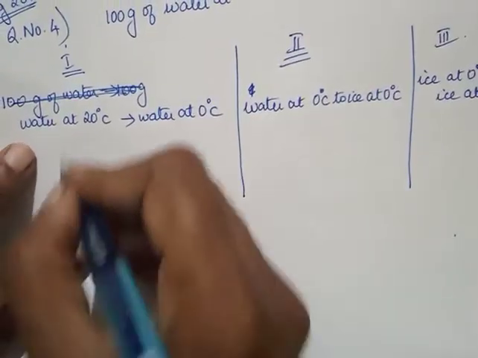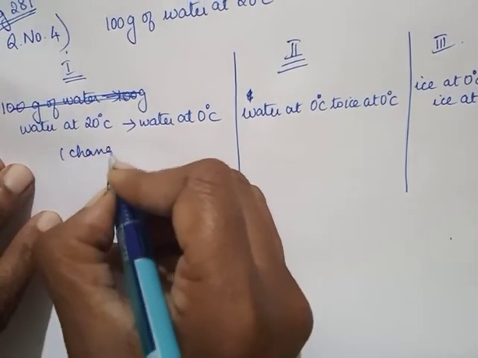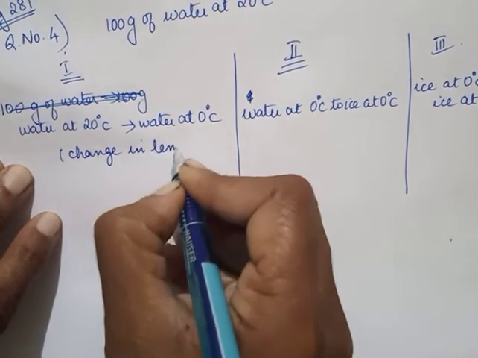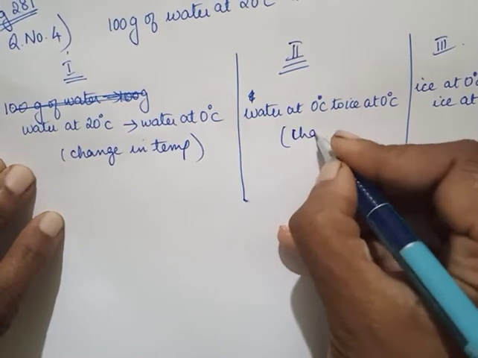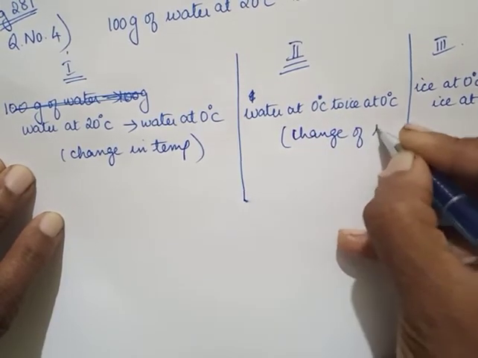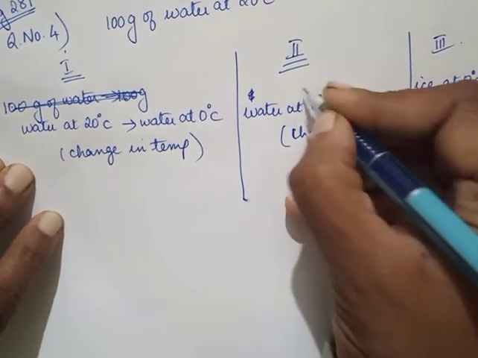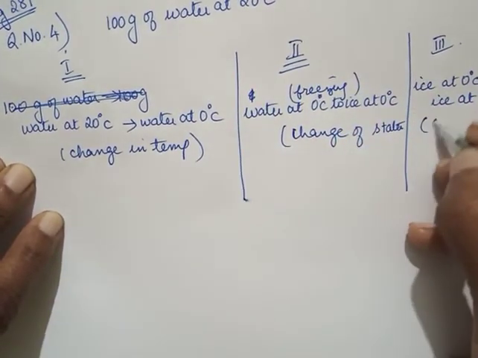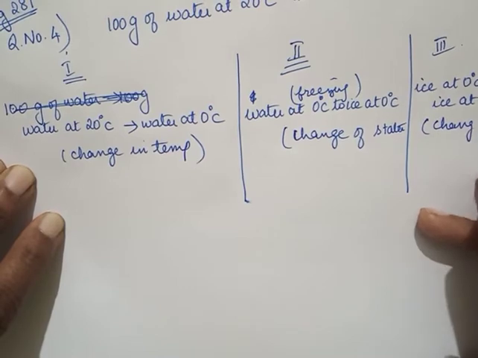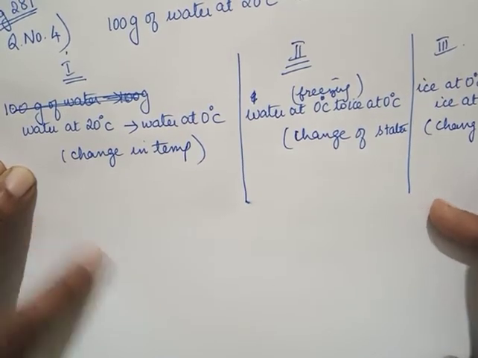Is it clear, children? Here it is a change in temperature. Here it is freezing, a change of state. And here again a change in temperature. Can you see the difference?